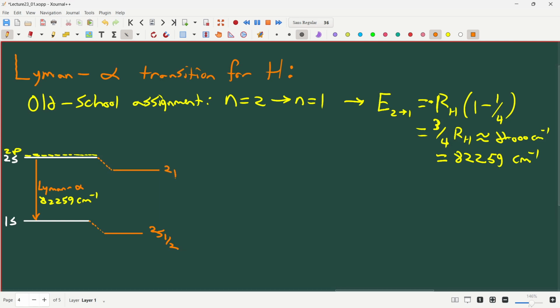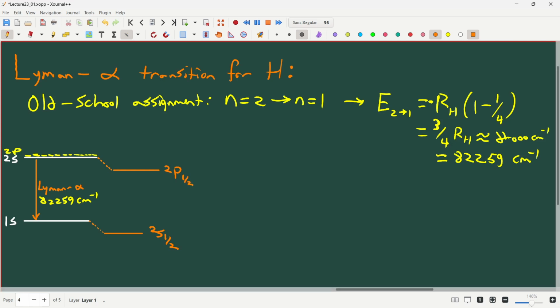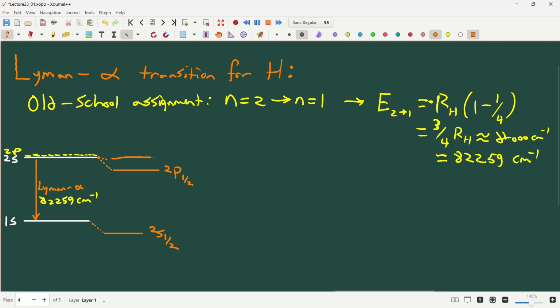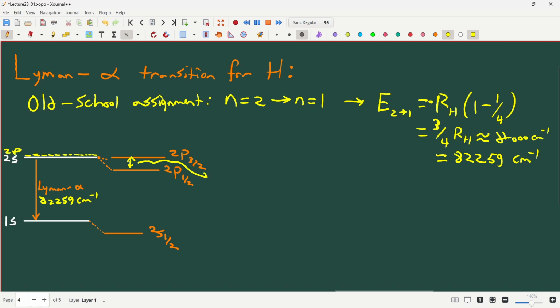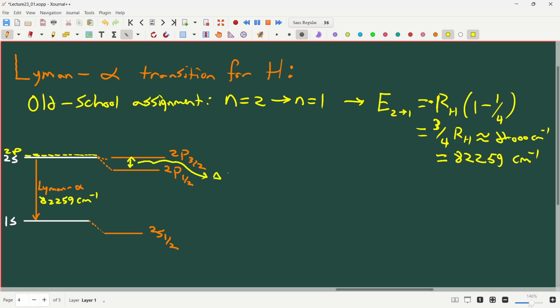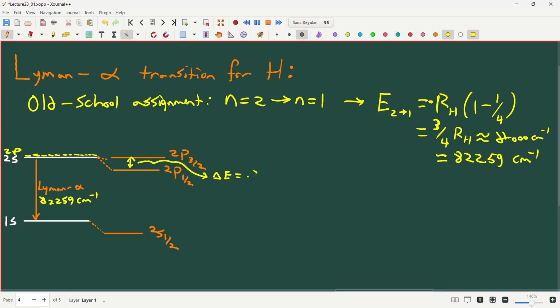It's also the lowest energy state because the formula for the spin-orbit energy is proportional to j(j+1), so the smaller the j, the smaller the energy. And then there's an additional state here, which is the 2p3/2. The spacing between these energy levels is 0.366 wave numbers.